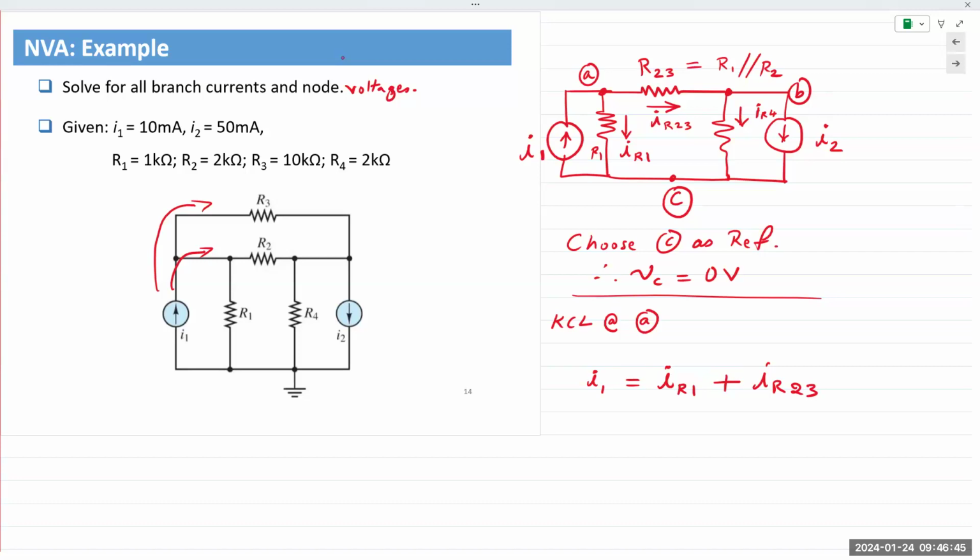Now we apply Ohm's law and describe each of these currents in terms of the resistor voltages. So I1 is equal to VR1 divided by R1, plus VR23 divided by R23.